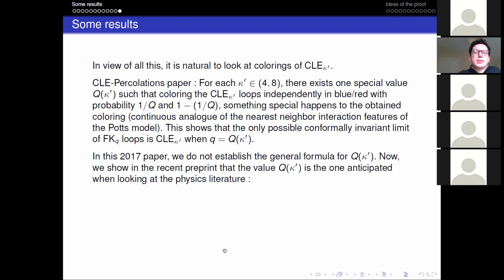Now, in this recent preprint, we showed that the value is actually the one anticipated in the physics literature, namely capital Q is 4 cos squared of 4 pi over kappa prime.